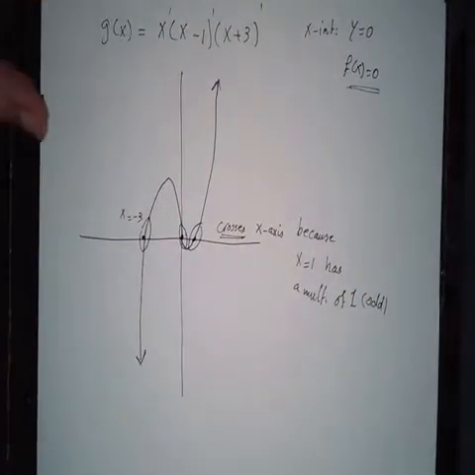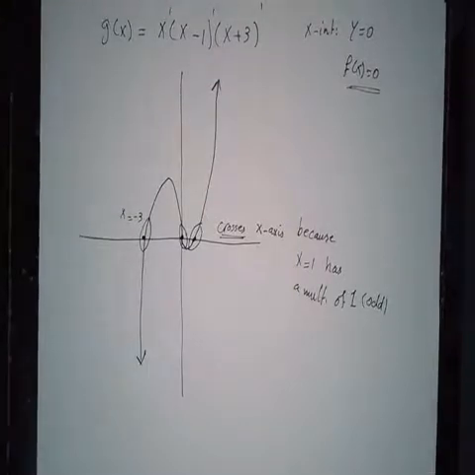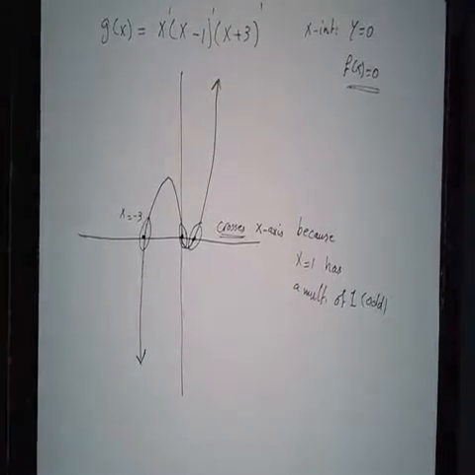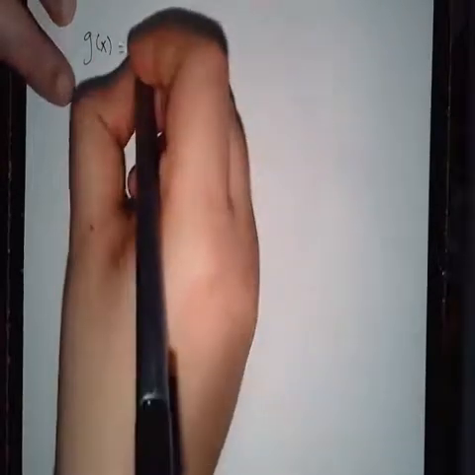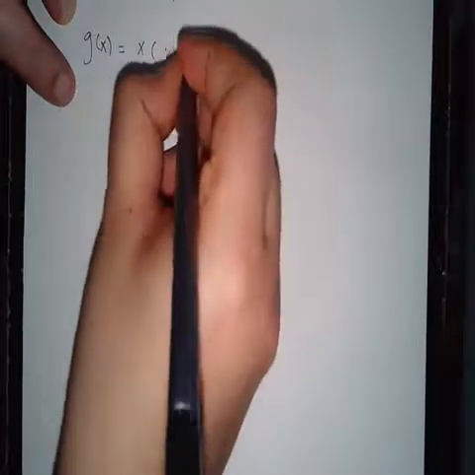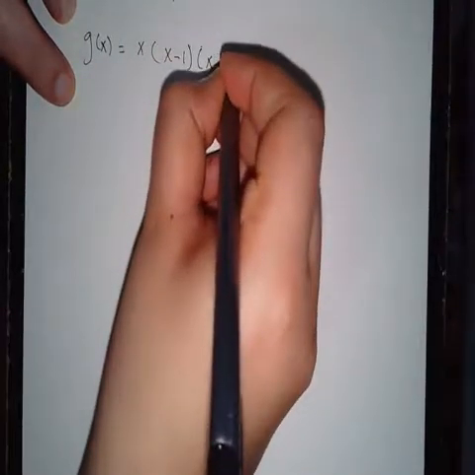So far so good? As you can guess by now, if they have an even power, they're going to behave differently. So let me show an example where they might have an even power. I'm going to use the exact same function and graph it again, but I'm going to change the multiplicity of the zeros. So it's x minus 1, and x plus 3, right?